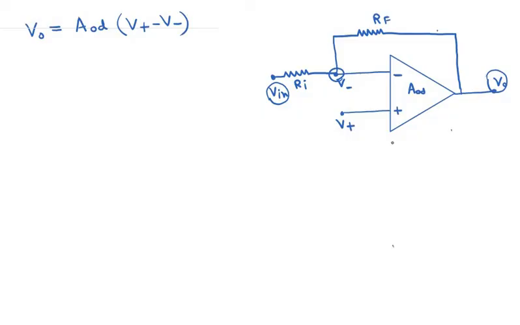We can consider that this resistor is being biased in this way. So we have applied V in here, and then there is V0 here, and this point is basically V minus.